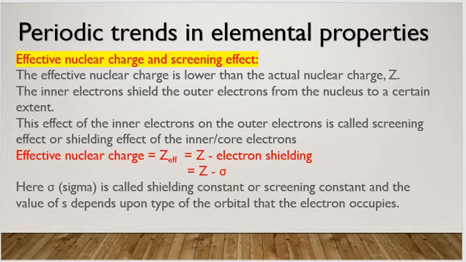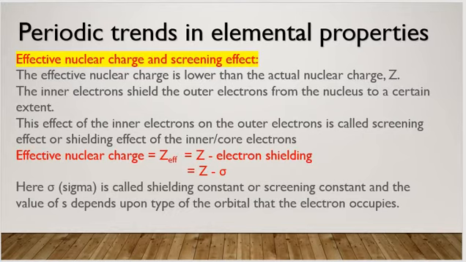The factors are attraction of extranuclear electrons towards the nucleus and repulsion between the electrons belonging to the same atom. I am repeating my point: the attraction of extranuclear electrons toward the nucleus and repulsion between the electrons belonging to the same atom.